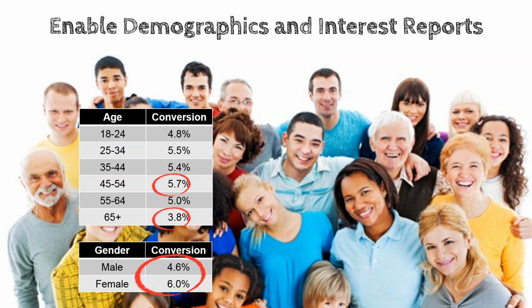You want to set this up as well because you're going to find nuggets. This is actual dealer data. So if you're retargeting customers who've been to your site and not taken one of the actions that you want them to, and you know that people who are 45 to 54 are 50% more likely to submit a lead on your site based on your actual analytics data from all of the customers on your site, you can focus your retargeting efforts on just that demographic.